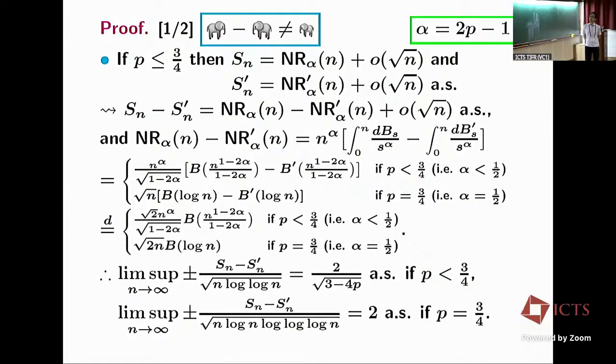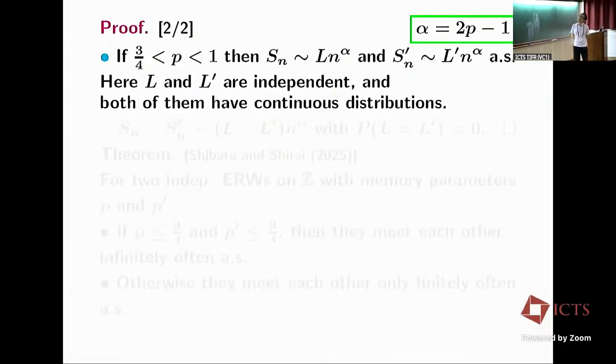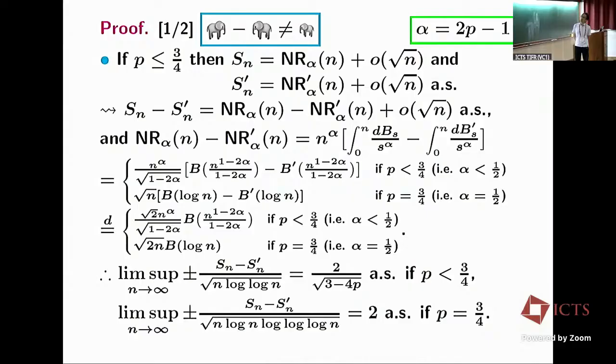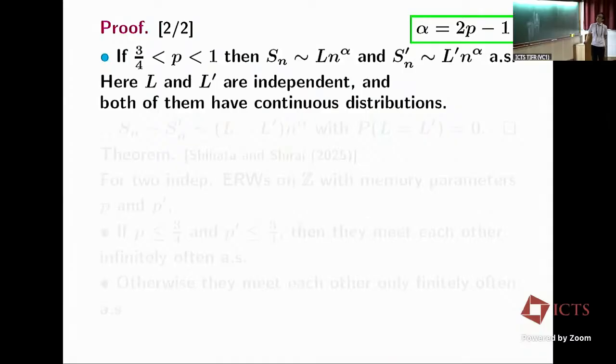This is the small p case. For the large p case, both elephants have superlinear, super diffusive behavior, and let us look at the coefficient of this term.